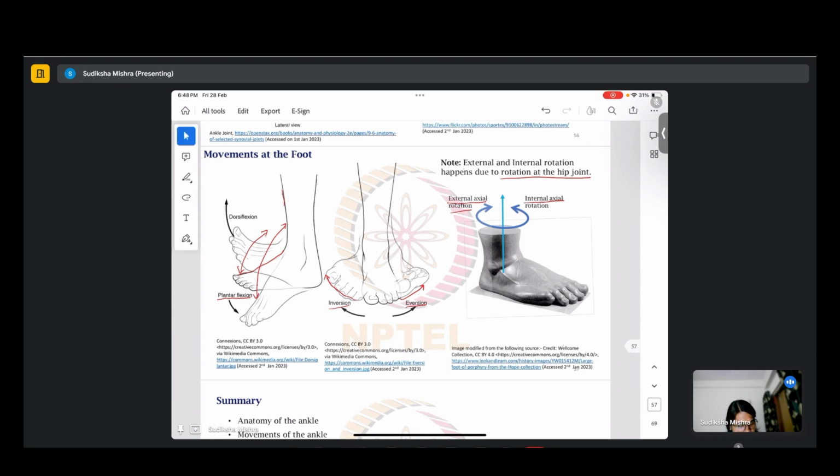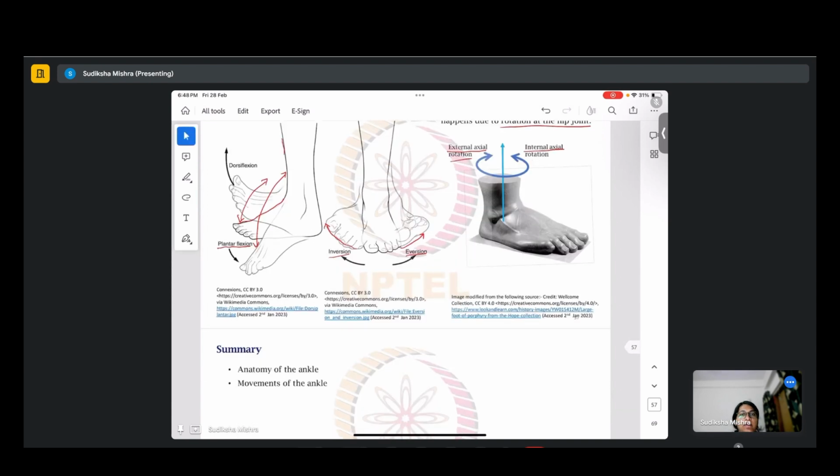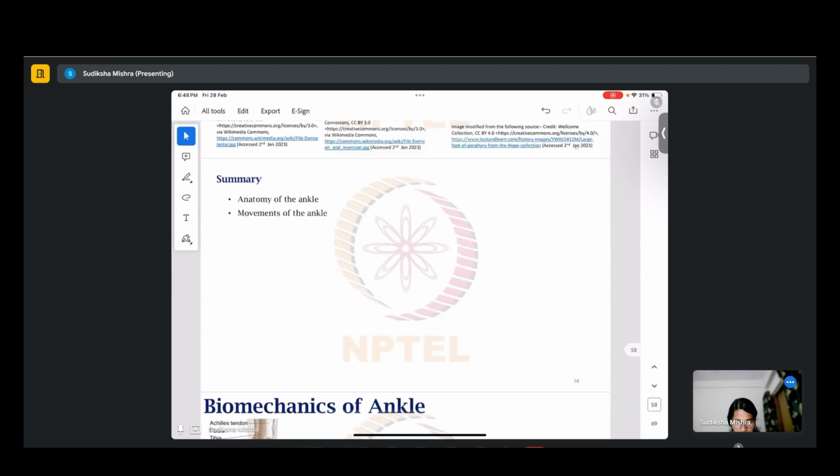Some other functions that happen here are external axial rotation and internal axial rotation. Basically, rotation of the foot. If this is the foot, you can rotate it this way or this way.